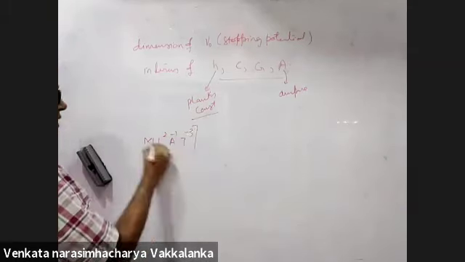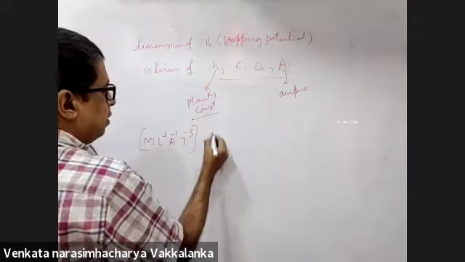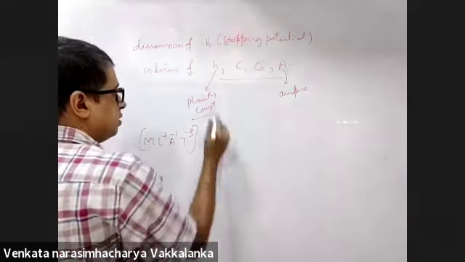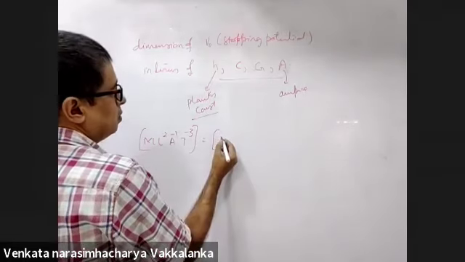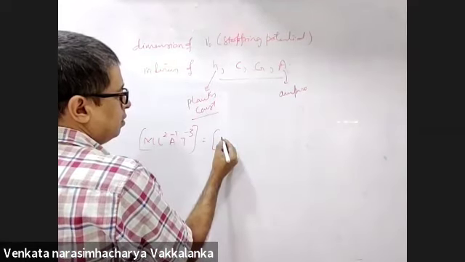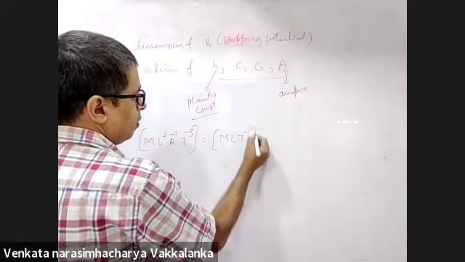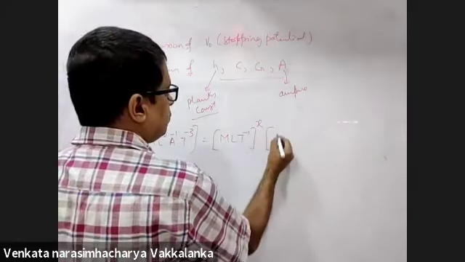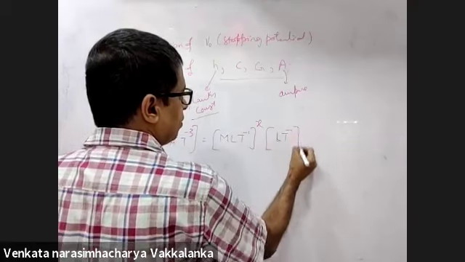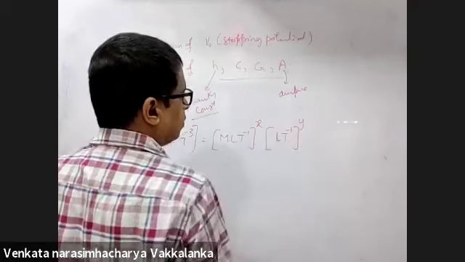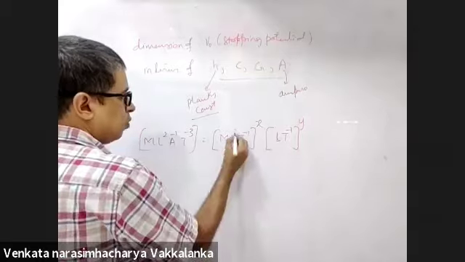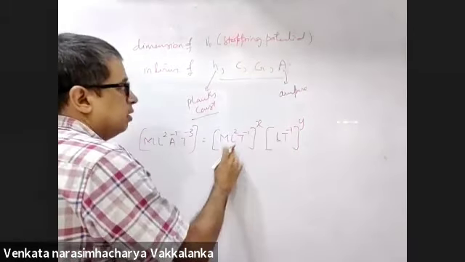Now, Planck's constant, tell me the dimensional formula. M L square T to the power -1, to the power x. Speed of light L T to the power -1, to the power y.